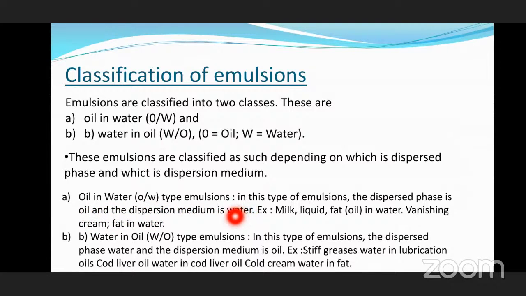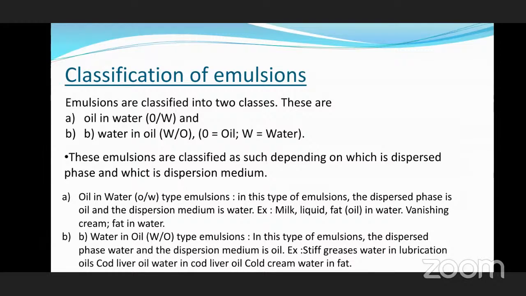That means water is the major quantity. For example, as I told you, milk, which has liquid fats in water. Fats are generally called oils. So this is the best example of oil in water.